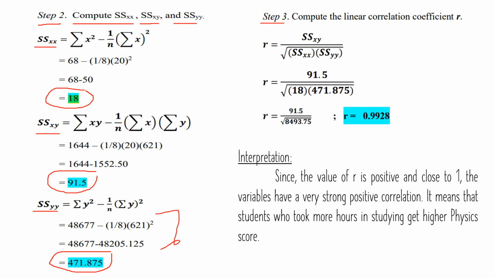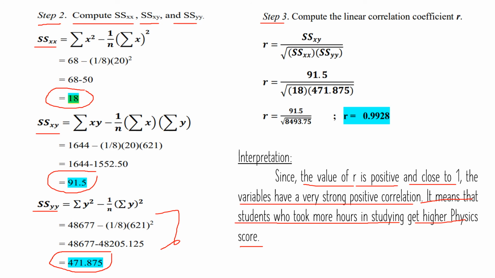For the interpretation, since the value of R is positive and close to 1, the variables have a very strong positive correlation. It means that students who spent more hours studying get higher scores in P6. When the number of hours spent studying increases, the score in their P6 subject also increases.